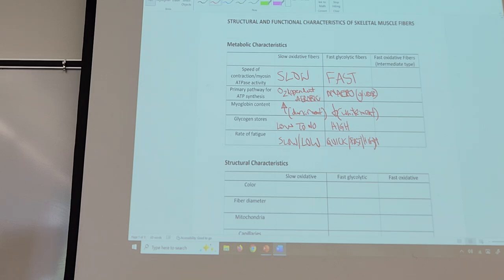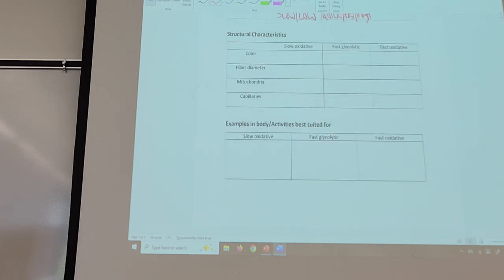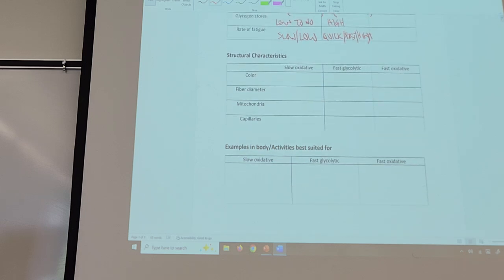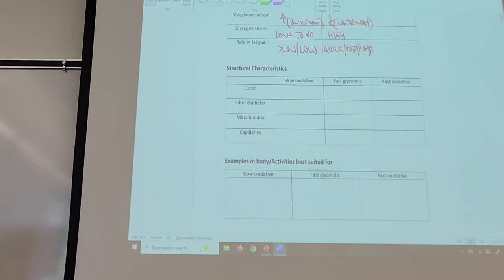Okay, so those are characteristics based on the metabolism and how the fibers operate themselves. Let's talk a little bit about structure. For slow oxidative, I already mentioned this to you, this is kind of the difference between dark meat and white meat in a particular animal.